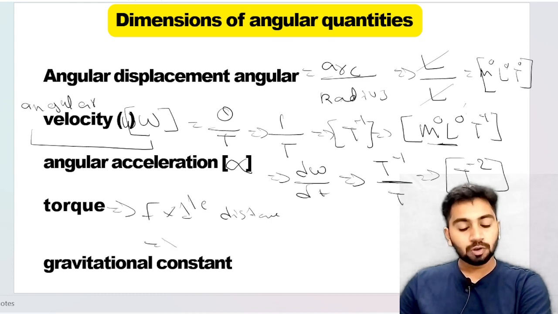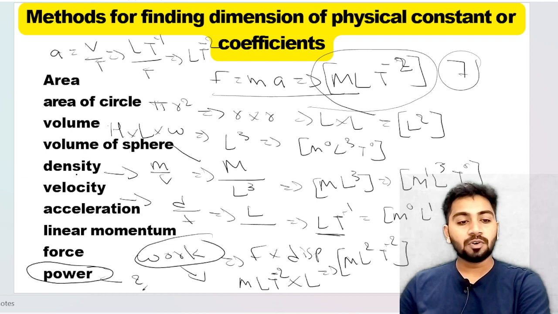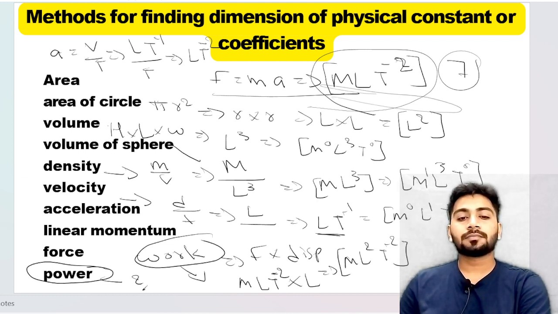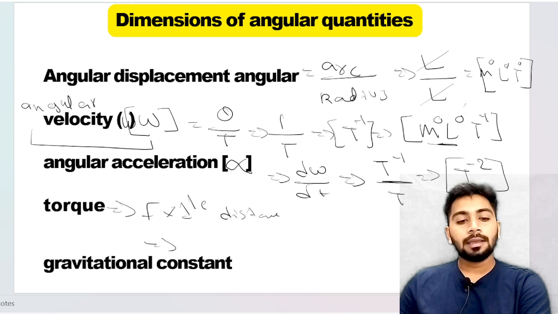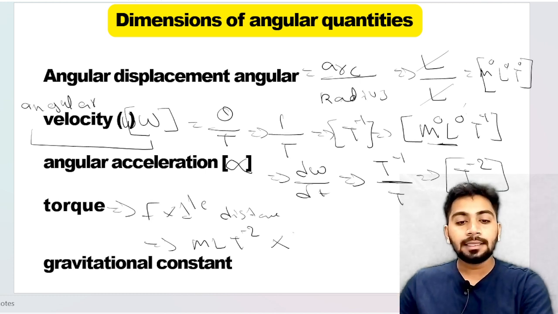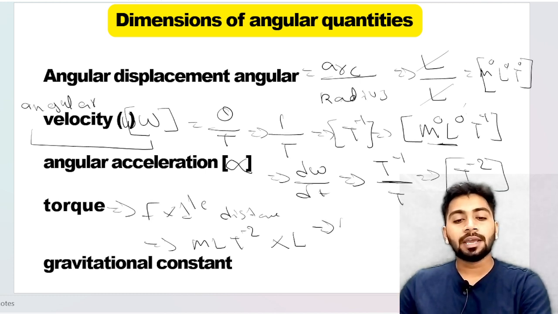Force, you know, you just wrote it: M L T to the power of minus 2, into perpendicular distance. Distance is again length. Then the total final quantity is M L square T to the power of minus 2.